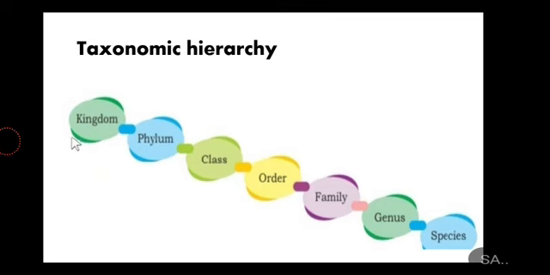So kingdom is the biggest level of this taxonomic hierarchy, and in between a kingdom and a species you have some other levels. So remember, a species is the smallest taxon of this taxonomic hierarchy, while the kingdom is the highest or the biggest level. I hope you understood it. Still, if you have any question or you want any guidance, then you can ask me in the comment.